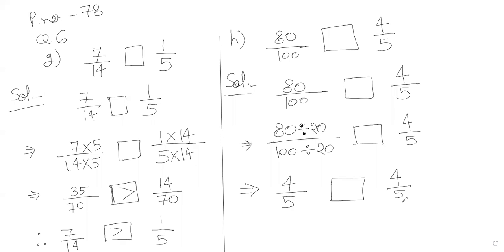Now look, both the denominators are equal and both the numerators are equal. It means what we need to do? Which symbol will we put? Both are equal. Both the fractions are equal. So 80 upon 100 is equal to 4 upon 5.